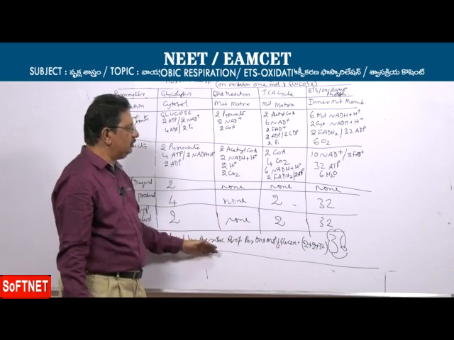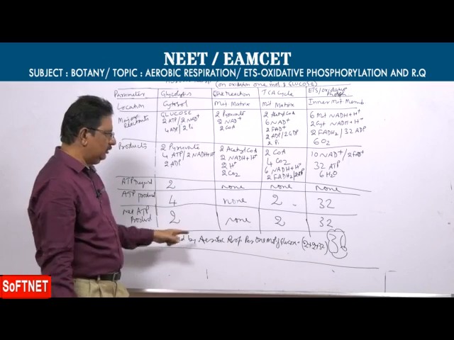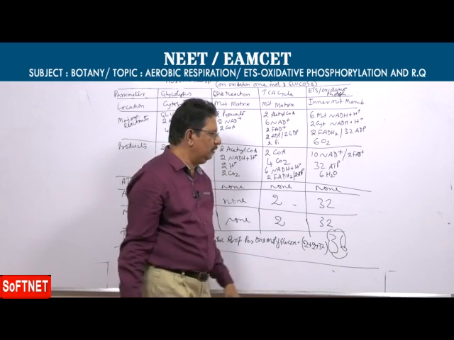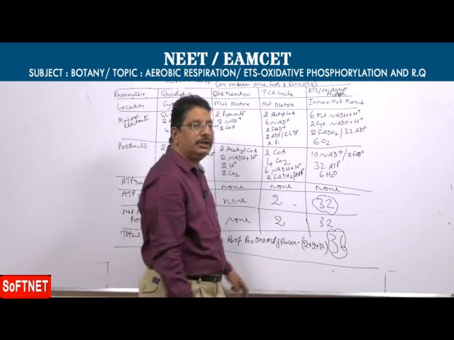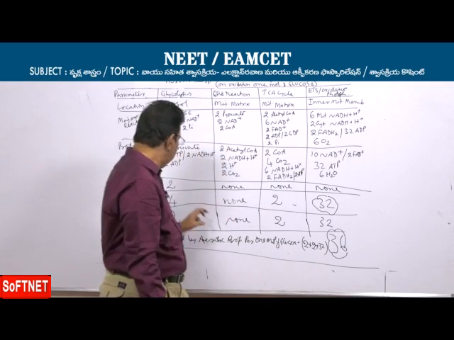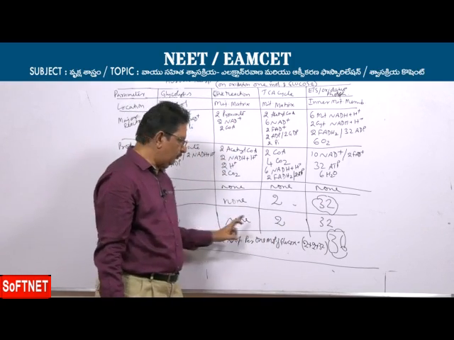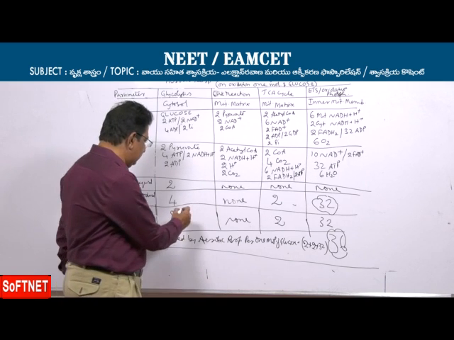So, you can go through these things and finally you will get 36 ATP, of which 32 are formed as a result of oxidative phosphorylation and 4 are formed as a result of SLPs.